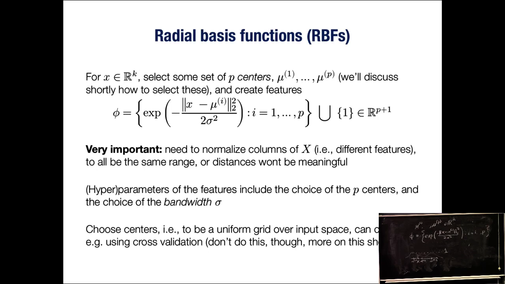The only ones that actually play a role in saying what the value is here are the means that are close to this point. So it turns out that when you use these functions, you can represent locally smooth functions over your raw input space. But they can be nonlinear and locally smooth, and we'll see a few examples of that in a second.